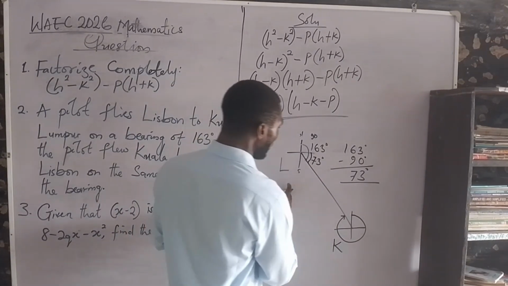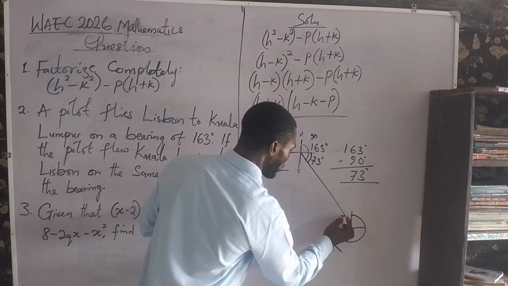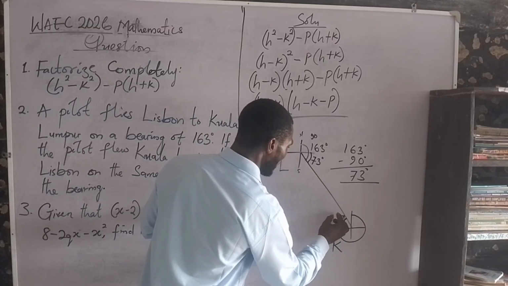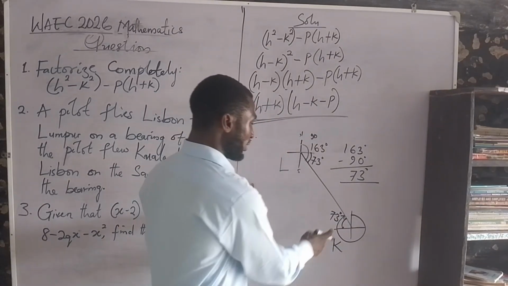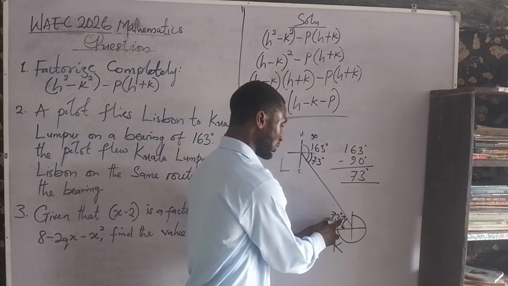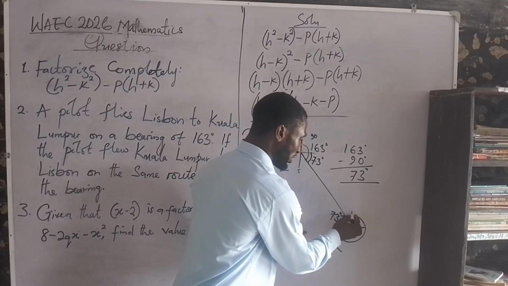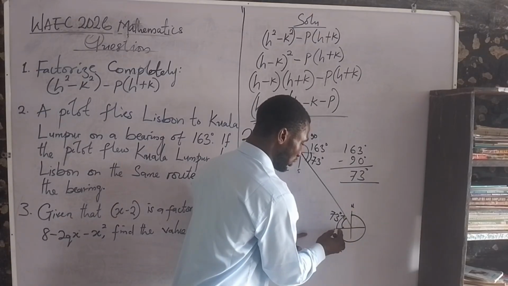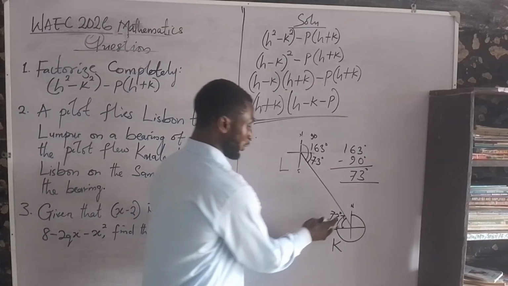Now using alternate angles, this angle here is alternate to this angle here, so here is also 73 degrees. Since we know this angle is 73 degrees, what we are going to do now is to add from your north pole to this pole, then we add the 73 degrees, which we already know.